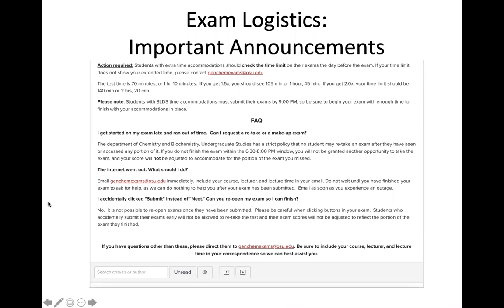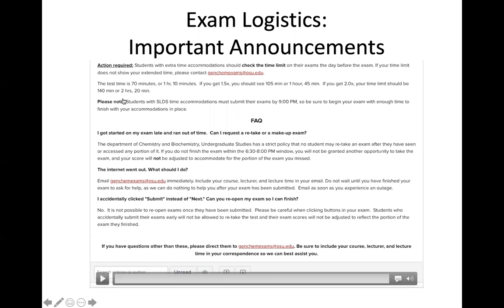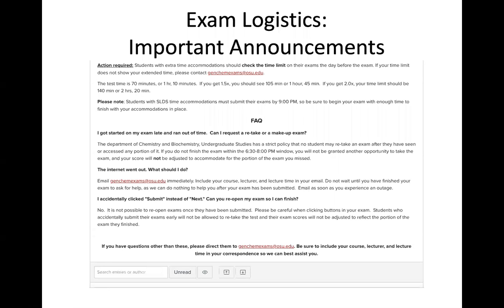What if you had internet difficulty? What if you accidentally submitted it? All really crucial information, okay? So to be a good strategic student and not stress out, really look at both sets of those announcements because I think that they are going to give you a much better understanding of what the plan is going to be.